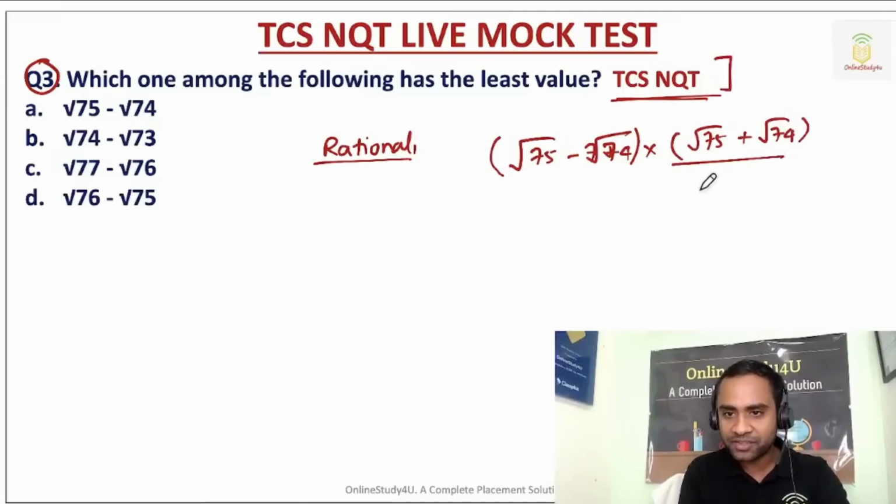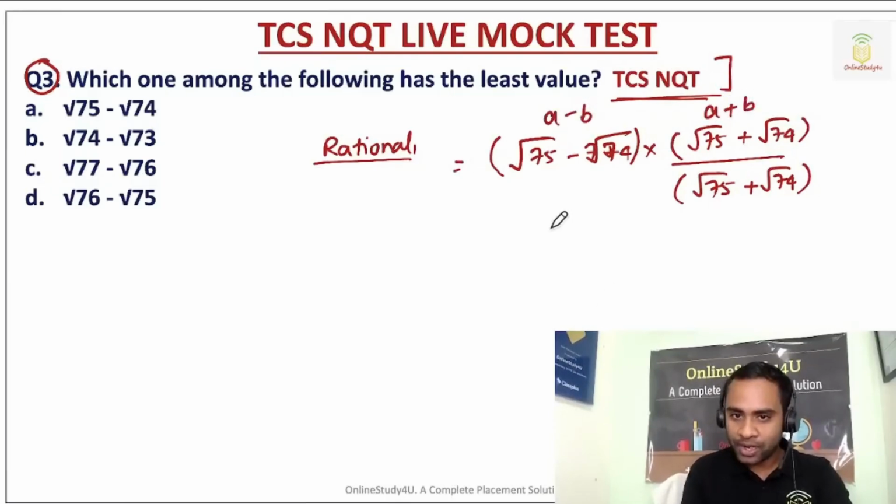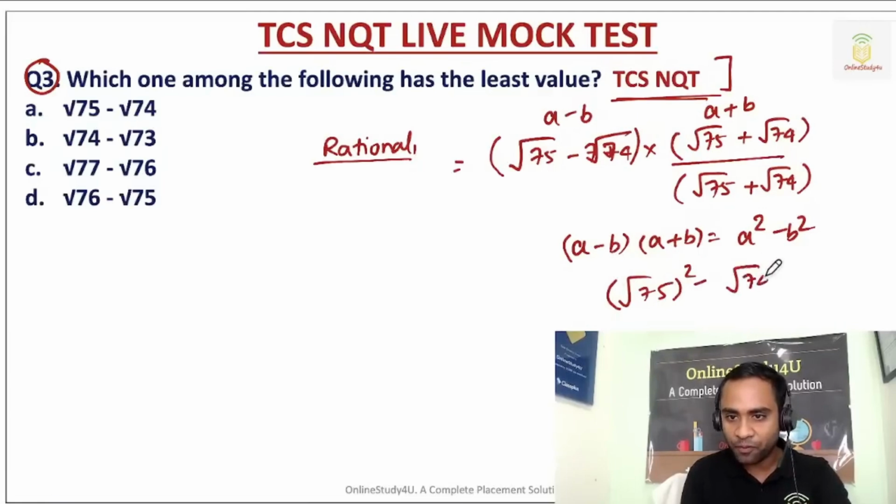Here you see A minus B, and here A plus B. A minus B into A plus B will be A square minus B square. So here, square root of 75 square minus square root of 74 square, divided by square root of 75 plus square root of 74. So this is 75 minus 74, divided by square root of 75 plus square root of 74.